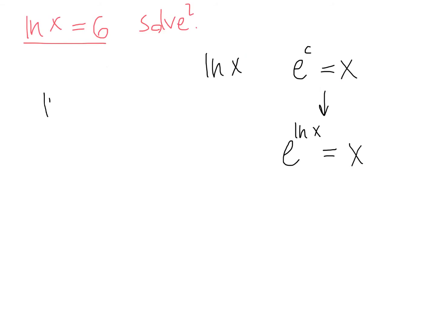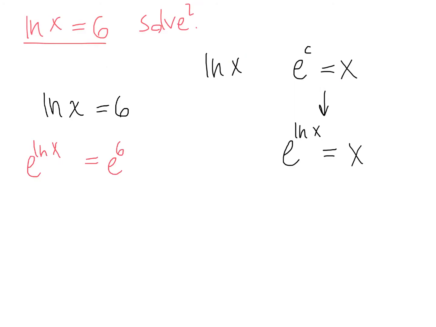So I have natural log of x is equivalent to 6, and I want to isolate x. And so if I take each side and raise e to the power of each side, I have e to the ln of x, and on the other side I have e to the 6th power.